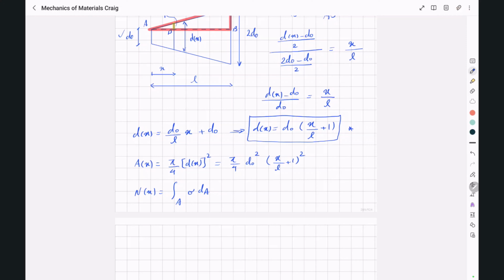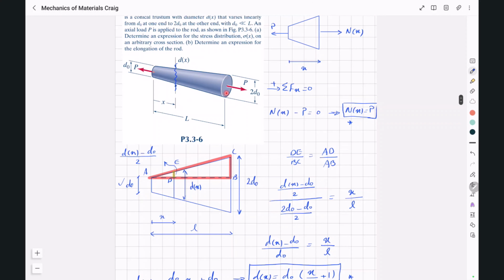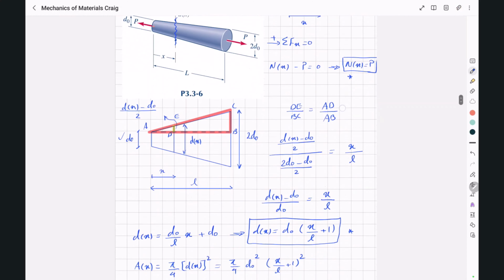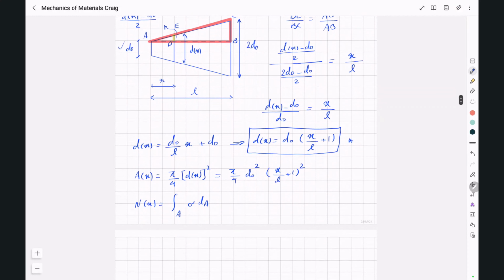And we also know that whenever the normal stress is constant over a cross-section, so at each cross-section the normal stress doesn't change, at each point the normal stress is going to be constant. So in this integral, since sigma is constant at each cross-section, we can bring it outside of the integral and simplify it.